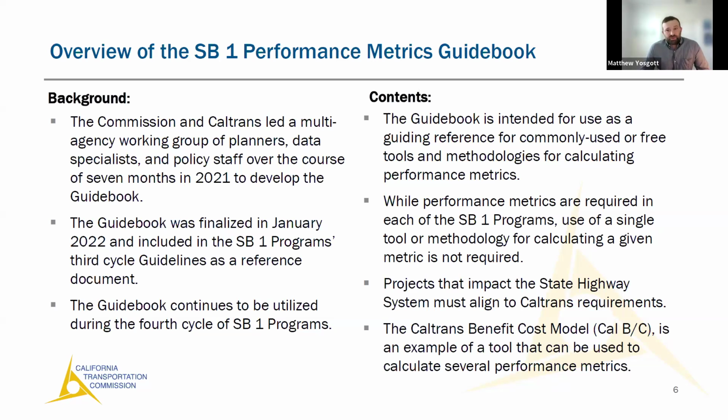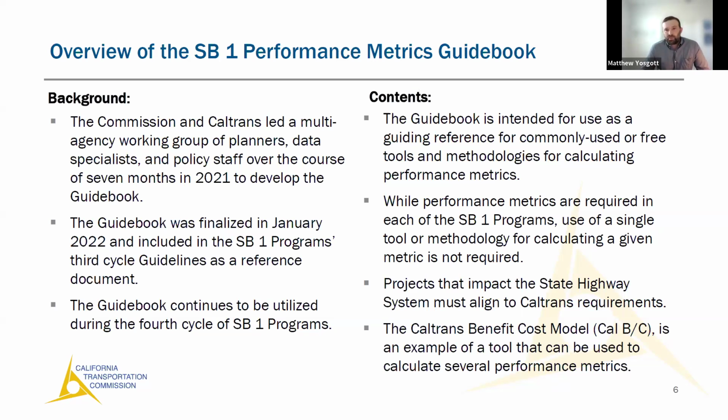But we do continue to utilize this document and refer to it in the SB1 programs dating back to SB1 cycle 3, and we have continued utilizing it in our 4th cycle of SB1 programs. And then briefly, I will talk about what's in the guidebook. So the guidebook itself is intended to be used as a guiding reference for a location where you can find commonly used or free tools and methodologies for calculating performance metrics.